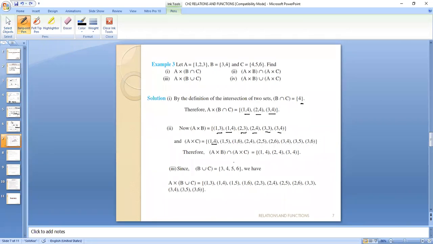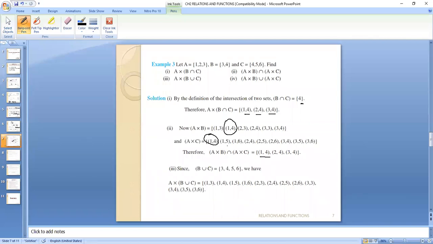You will take the intersection, which means you will find the common elements. (1, 3) is there, but it is not in the other set; (1, 4) is in both. Each ordered pair is one element, so the first common element is the ordered pair (1, 4).